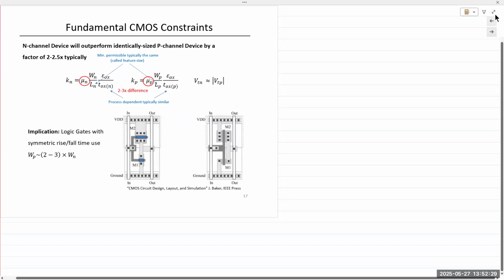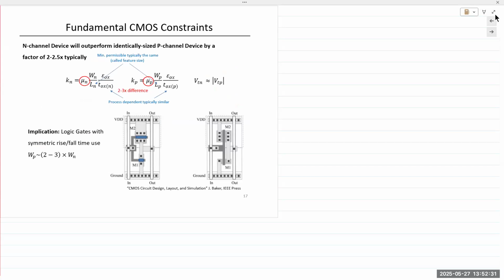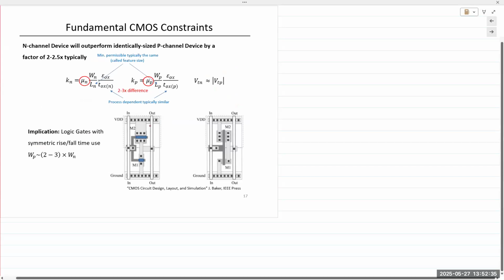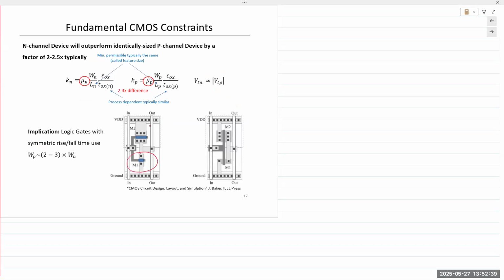Looking at it from the top, if you have a CMOS device here, well, without looking at anything, what do you think is M1 versus M2? Which one is larger? M2 is larger. That's the length of the channel. And that's obviously the gate right there.